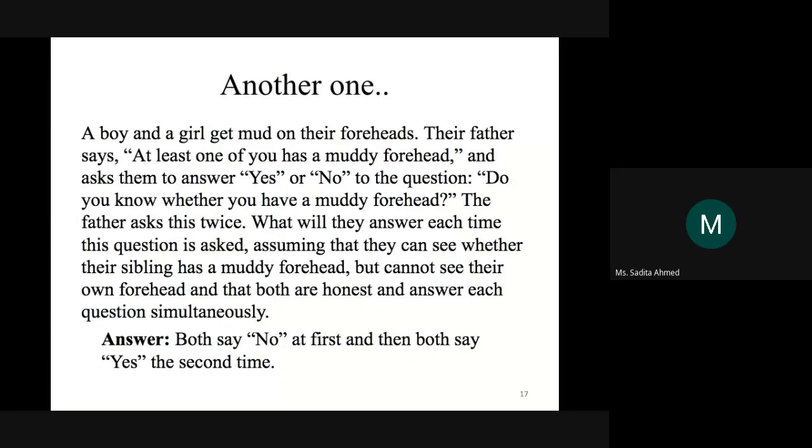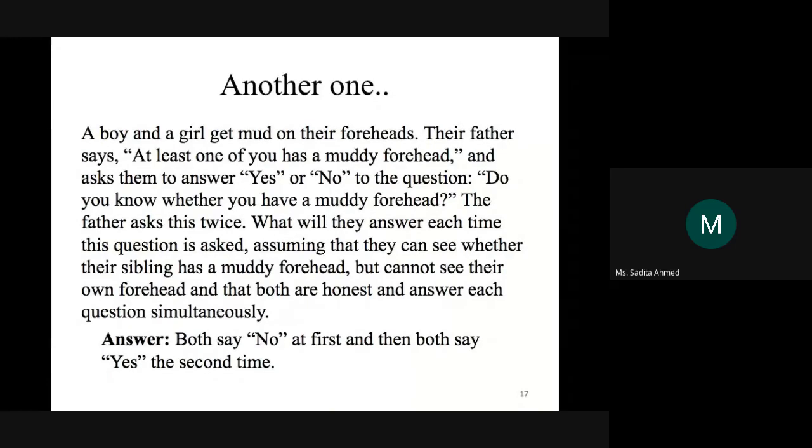Then the girl would have thought that at least one has to have a muddy forehead. He does not have it, so it must be me. And from that, the girl must have deduced that she has a muddy forehead, and hence she would have known whether she has a muddy forehead or not. And then she would have answered yes. But she did not answer yes. She answered no. What does it mean?